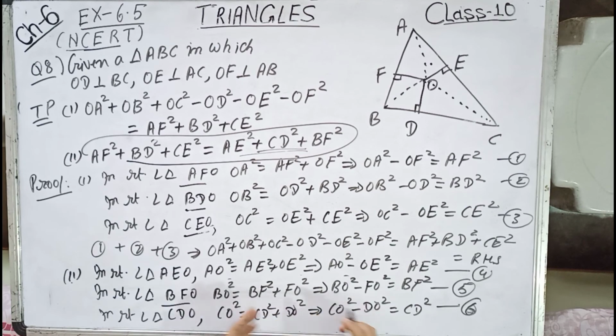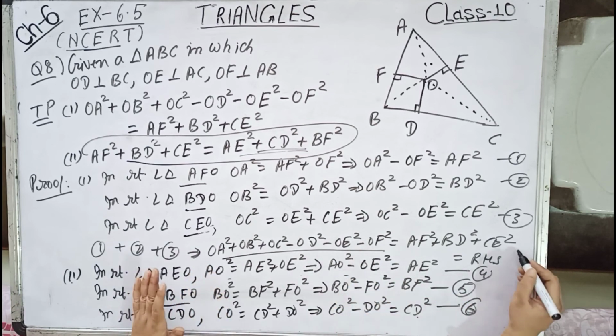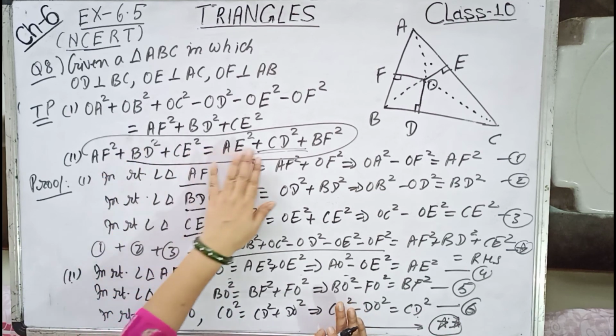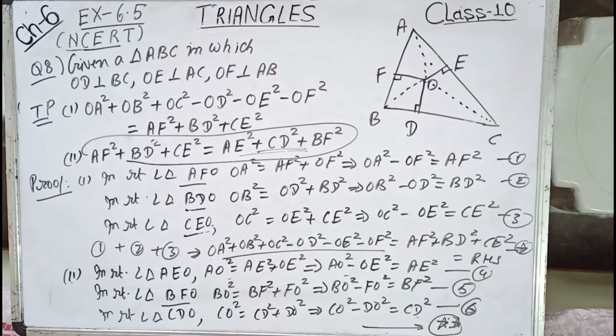You will be getting the same LHS here, but RHS you will be getting AE square plus BF square plus CD square. So LHS of equation number star and what I will get by adding double star is same, and hence RHS also equal, therefore this equals to this. Please attempt by your own. Let us move to next question.